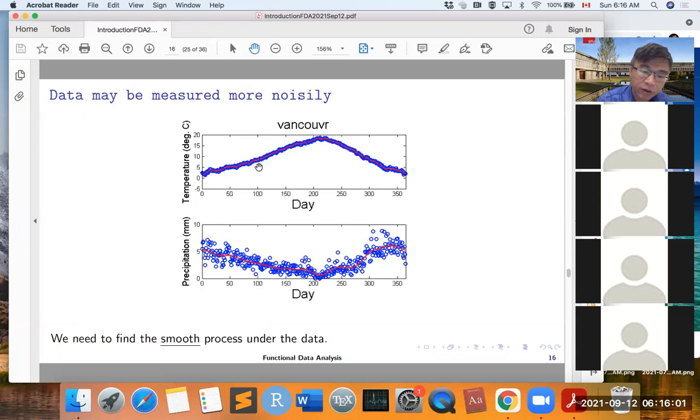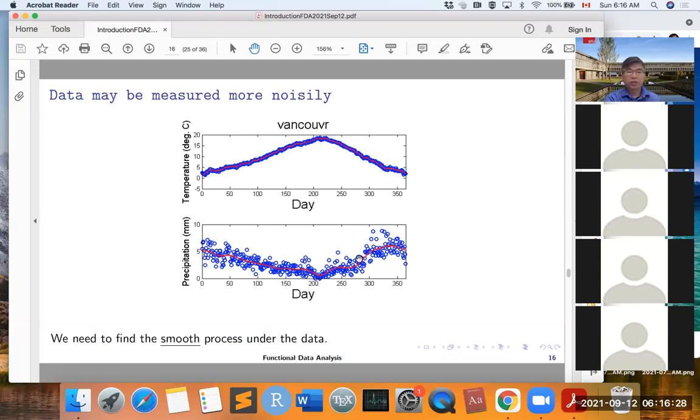So here, this shows you the daily temperature and daily precipitation in Vancouver. You can see here the temperature measurements look pretty accurate, but the amount of precipitation is more noisy, right?